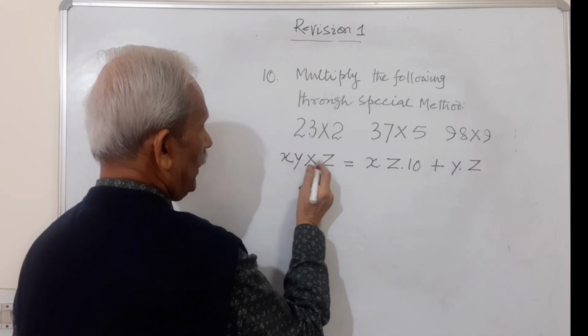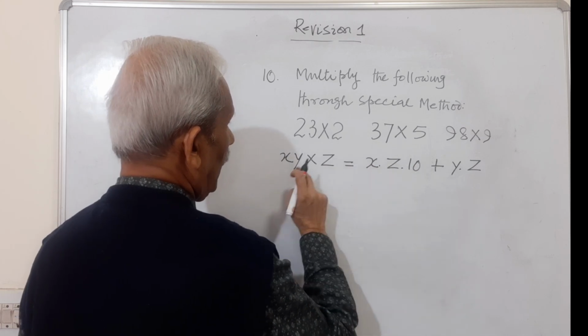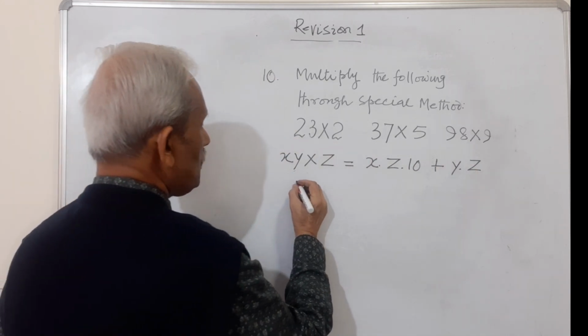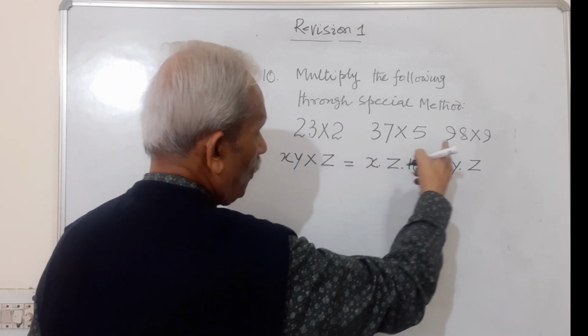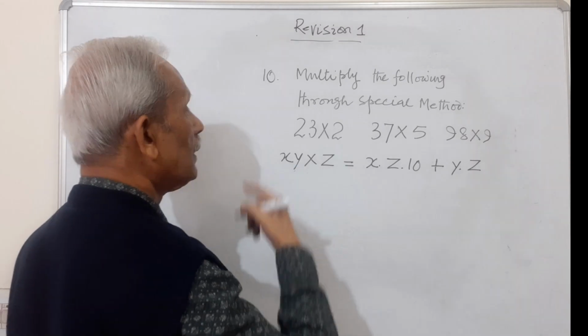So xy into z is x into z into 10 plus y into z. If you follow that, things become very simple. Otherwise also you know it, but as you go bigger, it becomes difficult. So there you can very easily do it.